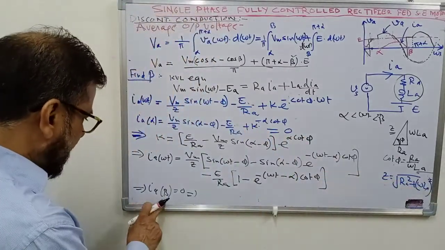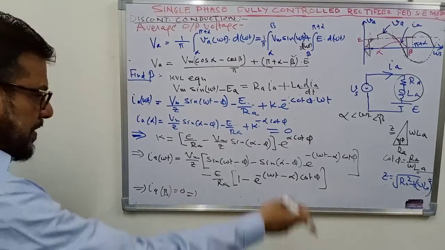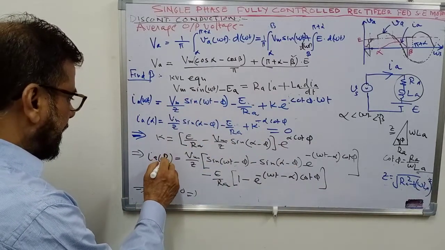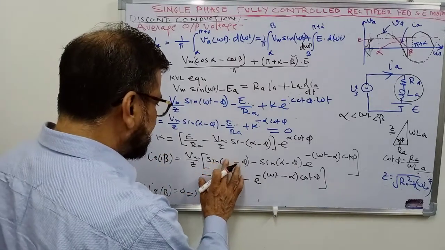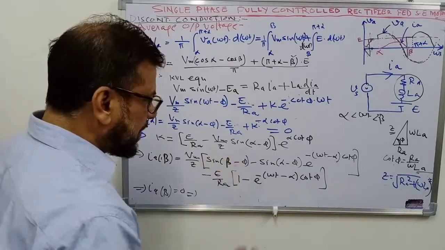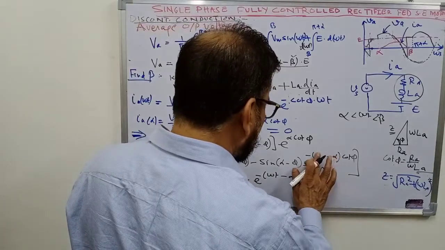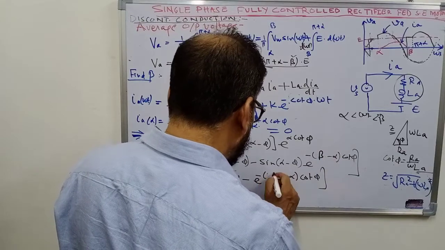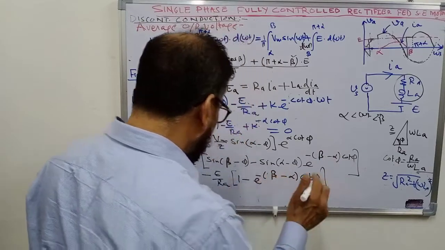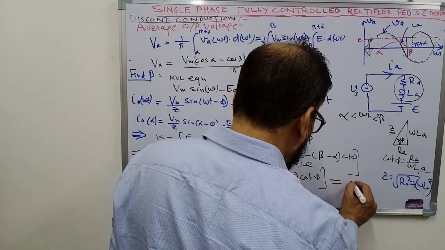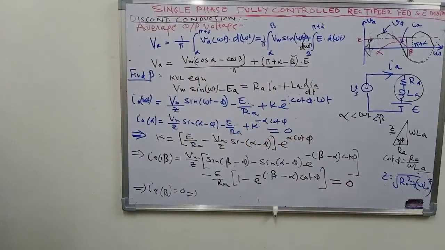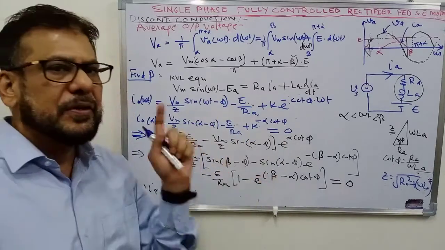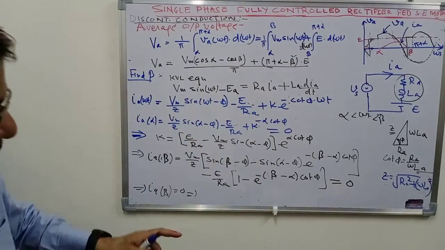That is, we have to make Ia beta equal to 0. In this equation you have to write beta cot phi, and again beta minus alpha cot phi, and just equate this equation to 0. Now here you can see that the only unknown quantity is beta. So this you can obtain.